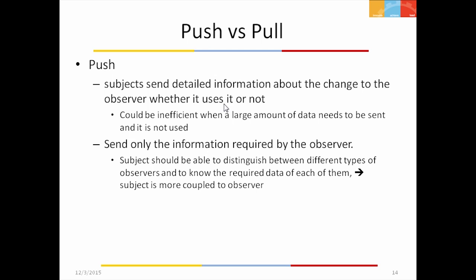In that case the subject should know what the observer requires. In fact, the subject should be able to distinguish between different types of observers. For example, the SMS observer and email observer might be of two different types. In the SMS observer you might just want to send very small information, whereas in the email you may need to send more detailed data.